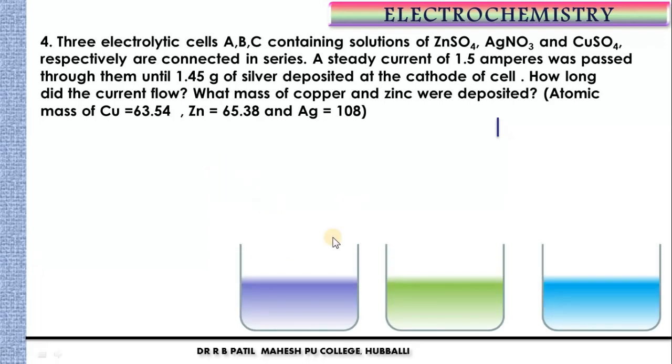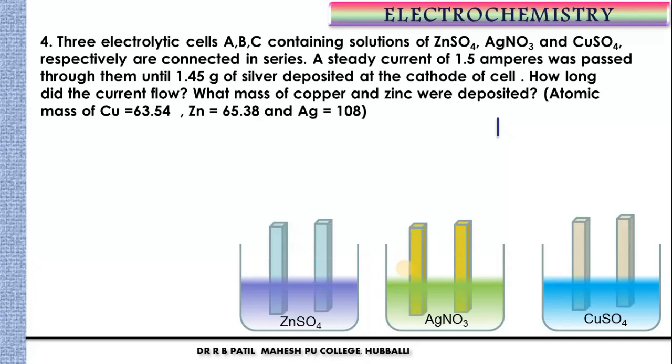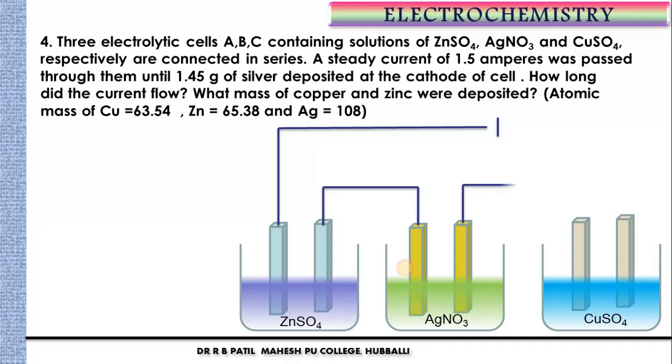So let us try to understand this question thoroughly. I have three electrolytic solutions: zinc sulfate, silver nitrate, and copper sulfate respectively. So we are going to dip the electrodes, and they are connected in series so that the same quantity of electricity passes through them, like this.